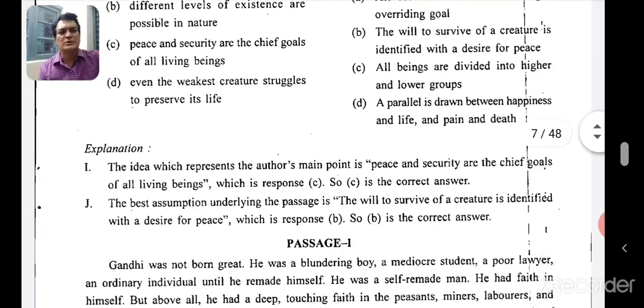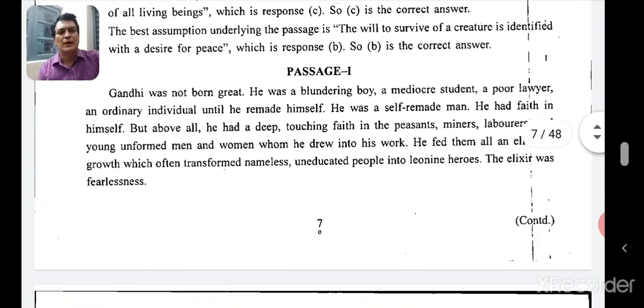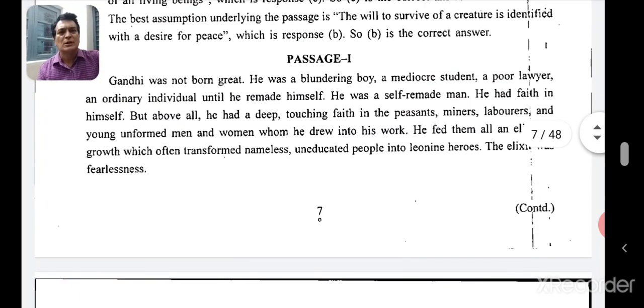So let's go to the passage 1 and you read this passage. Gandhi was not born great. He was a blundering boy, a mediocre student, a poor lawyer, an ordinary individual until he remade himself. He was a self-remade man. He had faith in himself, but above all, he had a deep, touching faith in the peasants, miners, laborers, and young, unformed men and women whom he drew into his work.